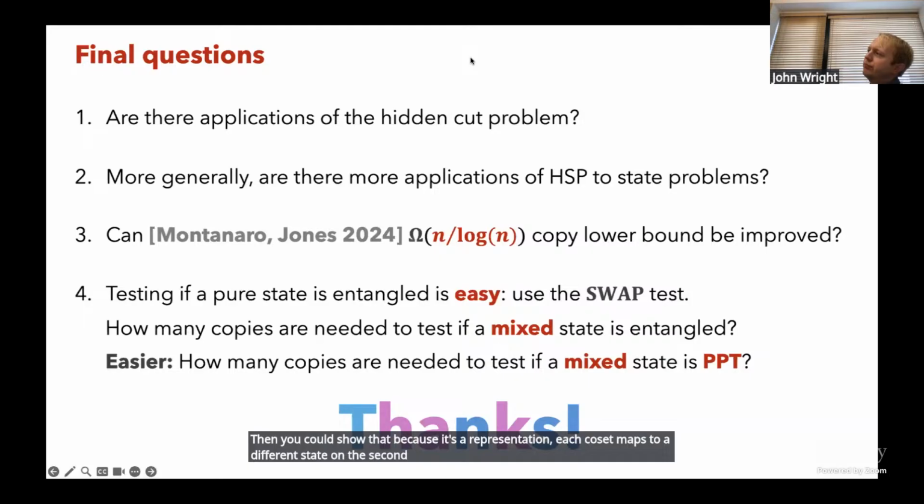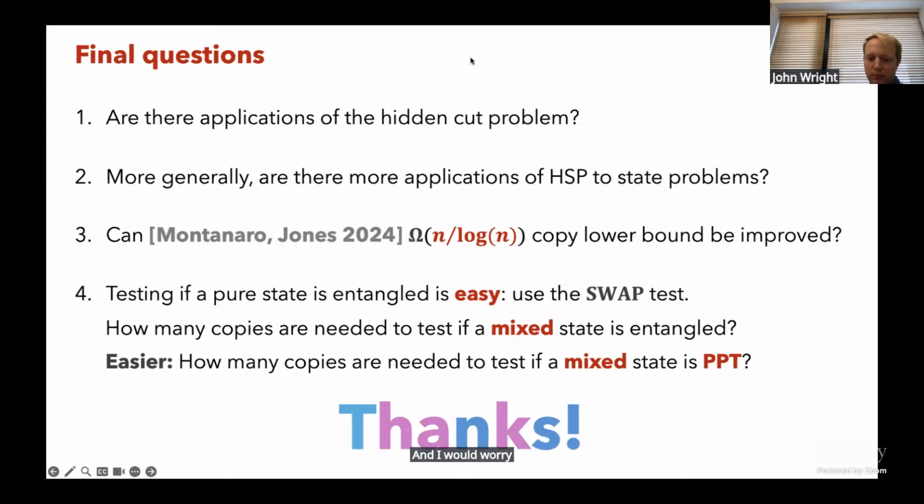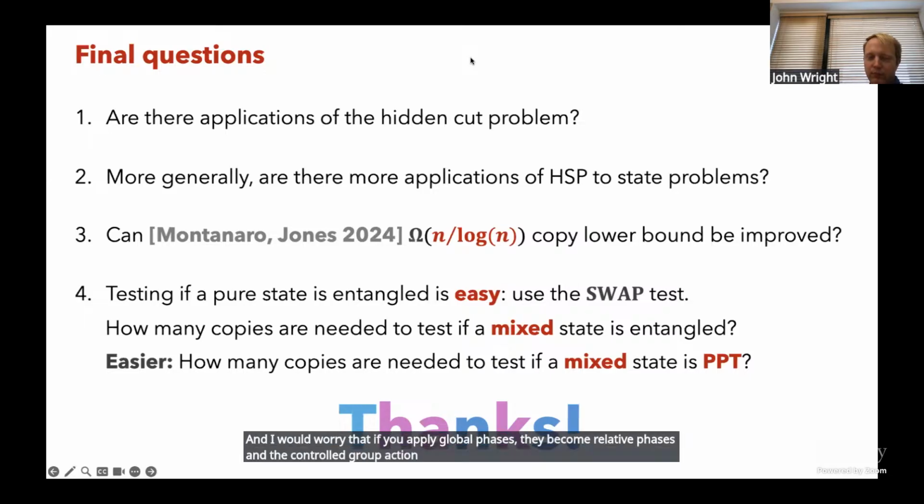So tracing out the second register prepares a classical convex mixture of random coset states on the first register. And I would worry that if you apply global phases, they become relative phases in the controlled group action. So that might give you a coset state with some relative phases between its terms. That would be my concern off the top of my head, but we'd have to look at the calculation a little more carefully.